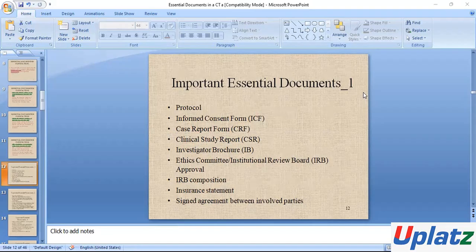It is very important that there is an agreement which will outline the responsibilities and obligations of each party and establish a clear understanding of the study's goals, methods, and expected outcomes.